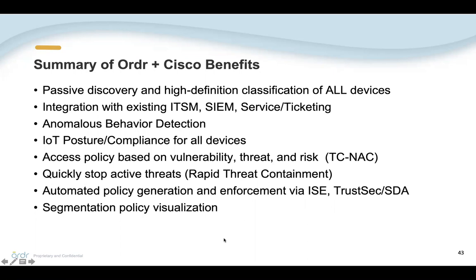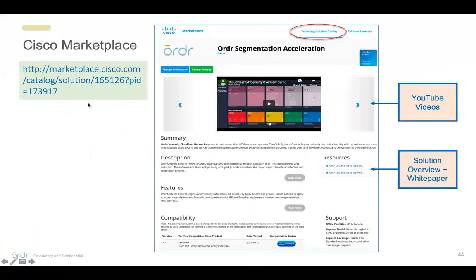How do I see that my segmentation and micro-segmentation policies are actually working for me? We will be able to show these are the different systems that are communicating, and these are things that were anomalous.